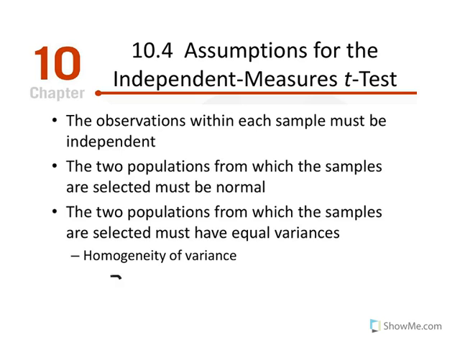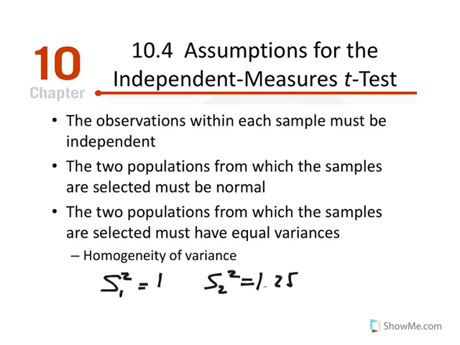For example, if we had a sample variance equal to 1, and our second sample variance was equal to 1.25, again, they're not equal, but they're close enough for us to feel confident that this assumption has been satisfied.